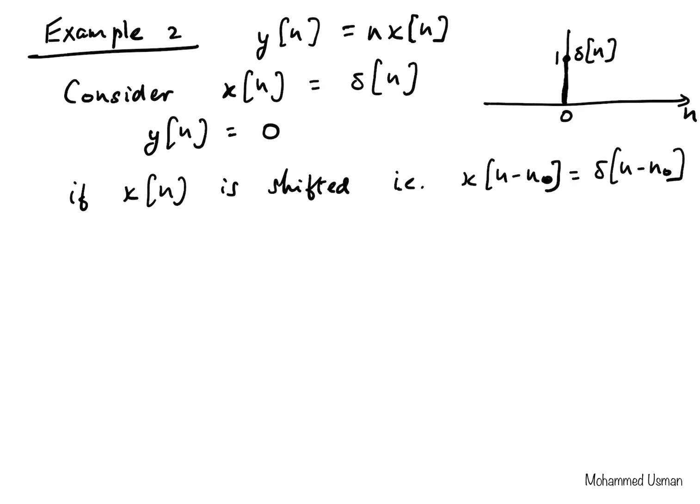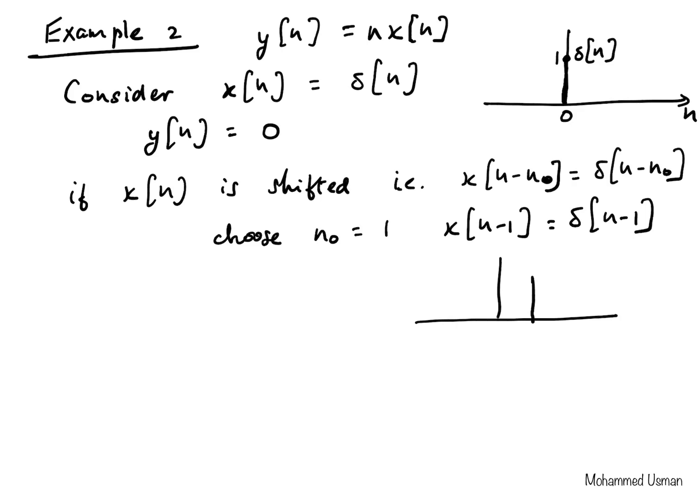Let's choose n naught equal to 1, for example. That means x of n minus 1, which is delta of n minus 1. In this case, the input signal x of n is an impulse at n equal to 1. That's n and that's x of n. It's an impulse when n equal to 1.